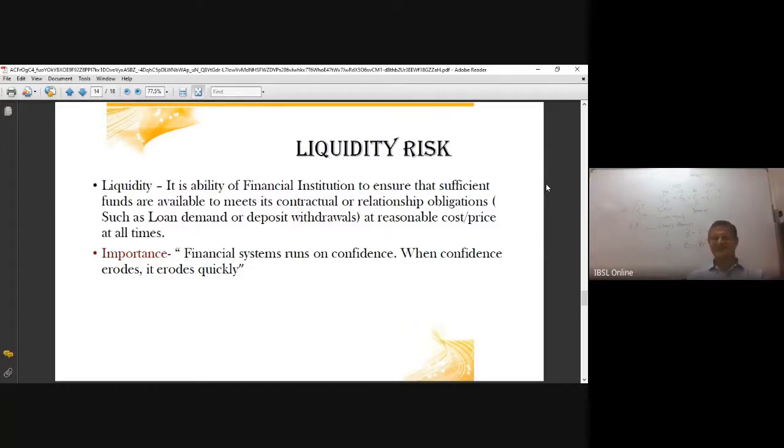I'll put this in a better way for you to understand. Say I come to your bank and I make a fixed deposit. Say I have 100,000. I come to the counter and place a deposit of 100,000.